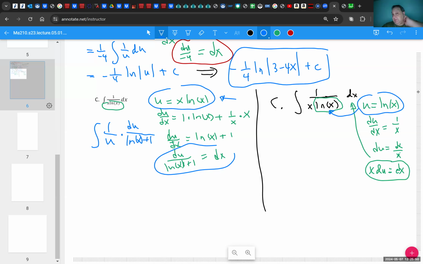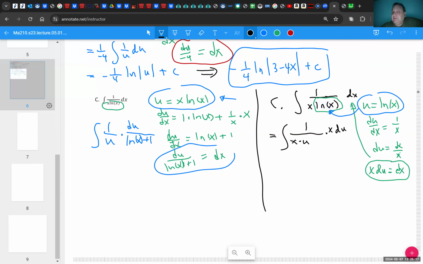U is equal to ln x, right? So what do I get? I have my integral. I have 1. The x I left alone. It's the ln x part, which is now being represented by u. So x u, or x times u, if you'd like to see the times symbol in there. And the dx is, well, dx apparently is x times du. So this is x du.